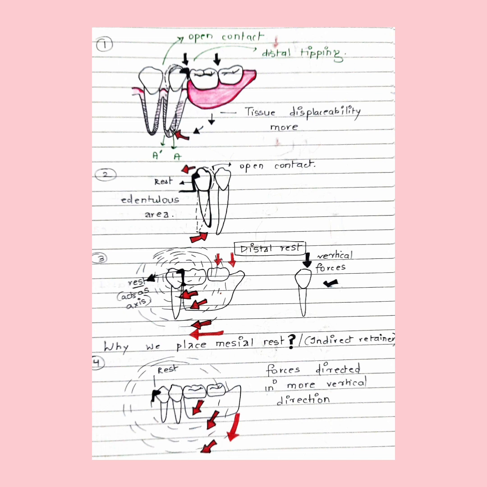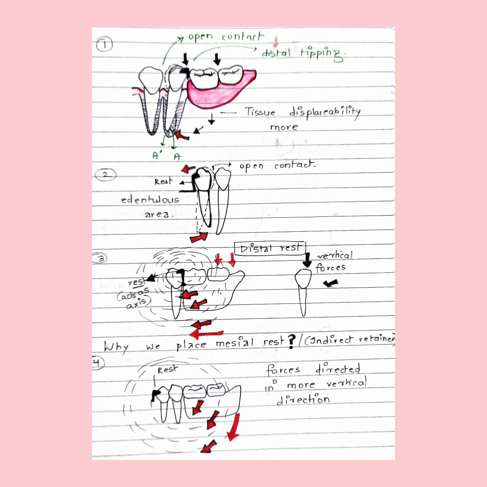If we use a class 1 lever design in a distal extension case, or say we place a distal rest, the distal rest will act as the axis of rotation, and due to the effort or occlusal forces, the tissue displaceability is more, as this denture will displace the tissues and they will get compressed.